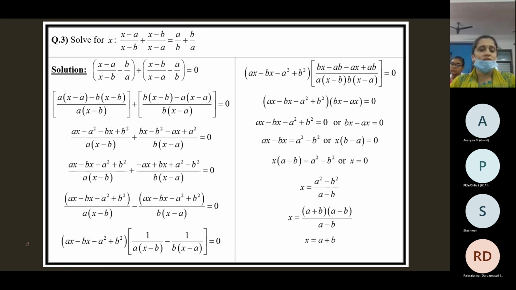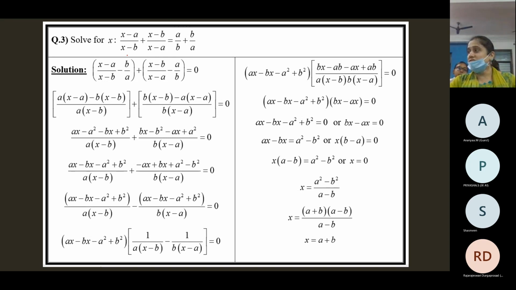There are 4 terms. The first step is you bring everything to the same side, like you transpose this and this. How will these two terms come to the left hand side? They come as minus a by b and minus b by a. Now you need to pair this.